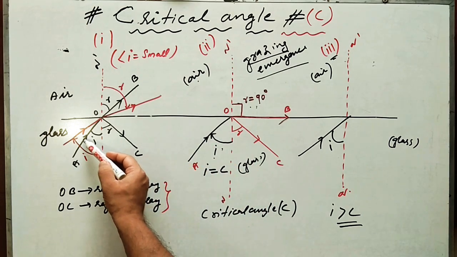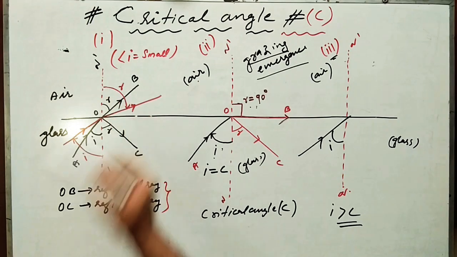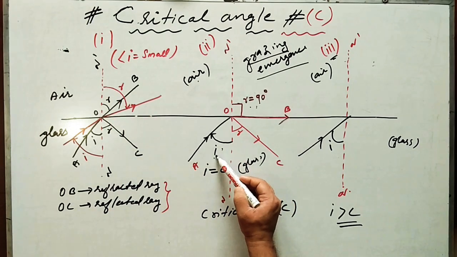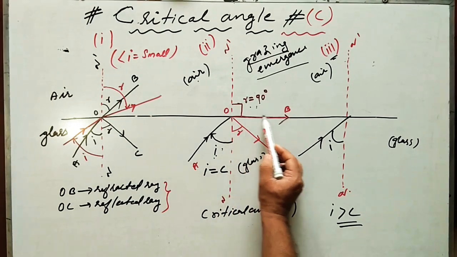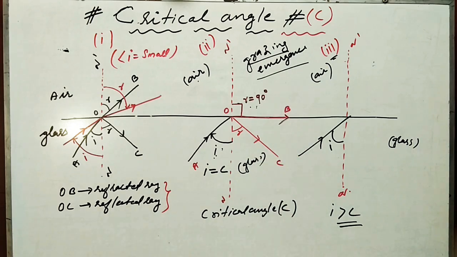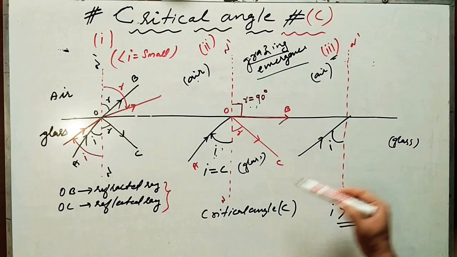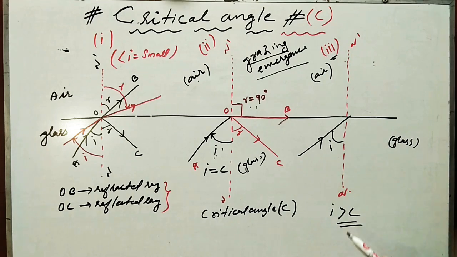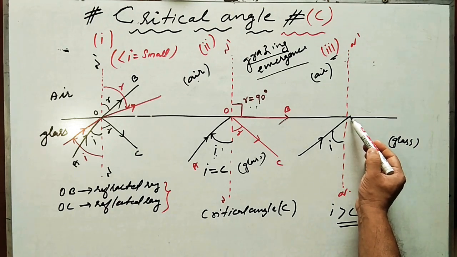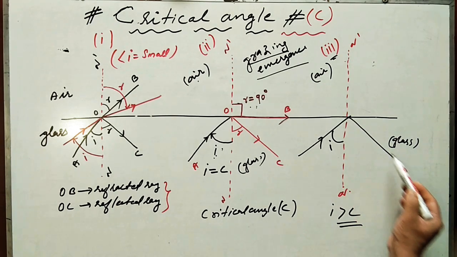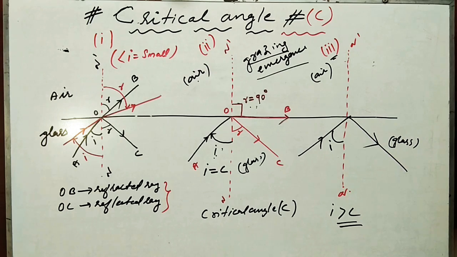If you keep increasing the angle of incidence, the angle of refraction keeps increasing, and at a particular value it becomes maximum. Now if you increase the angle of incidence beyond the critical angle, instead of refraction, there won't be any refracted ray; it will be reflected back into the medium. That's the special case of total internal reflection that we will learn in the next session.